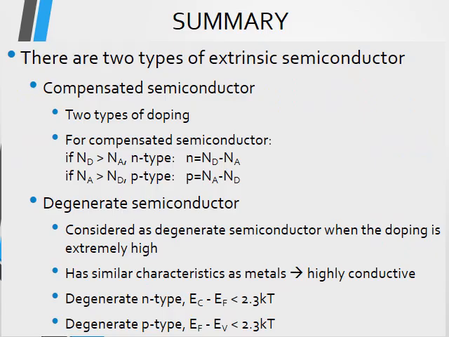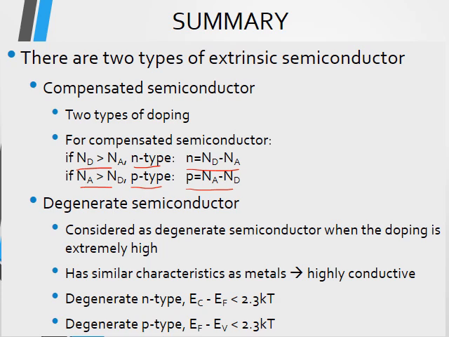In summary, there are two types of extrinsic semiconductor. One is compensated semiconductor, which has two types of doping. For compensated semiconductor, if the donor dopant Nd is larger than acceptor dopant Na, the material is n-type and the electron concentration is Nd minus Na. If Na is larger than Nd, it is a p-type with the hole concentration Na minus Nd.